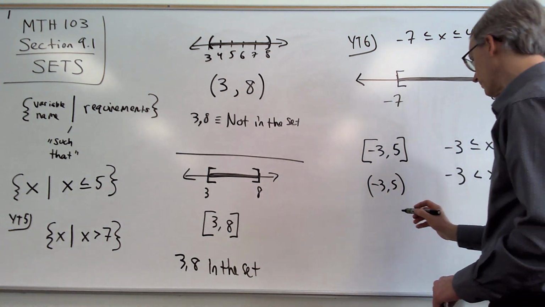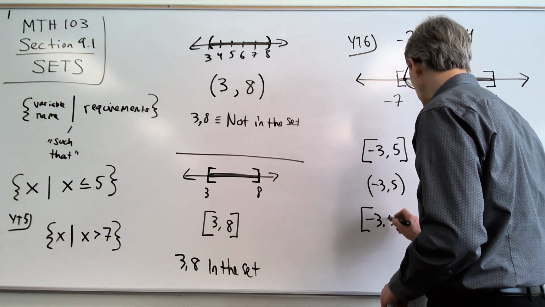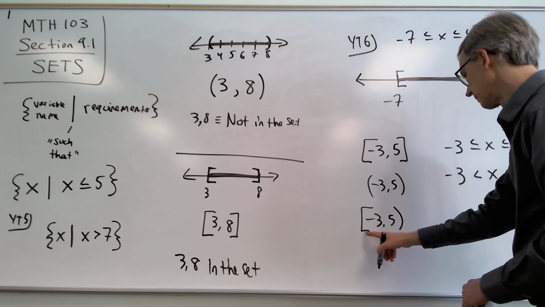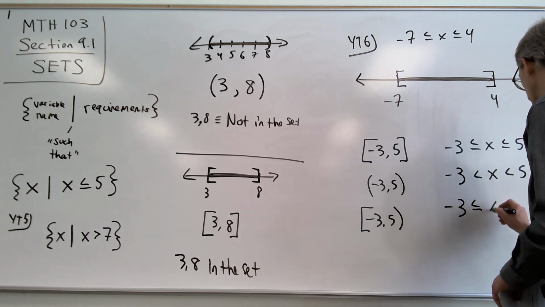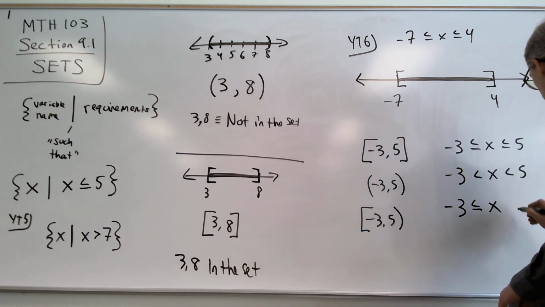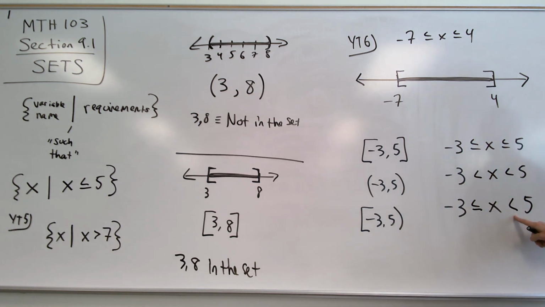And then we can mix them up. We can have one of each. So I could have -3, 5 with a parenthesis. And then since the bracket is next to -3, that's going to be -3 less than or equal to. And then the parenthesis is next to 5, so that means on this side we're going to have strictly less than.